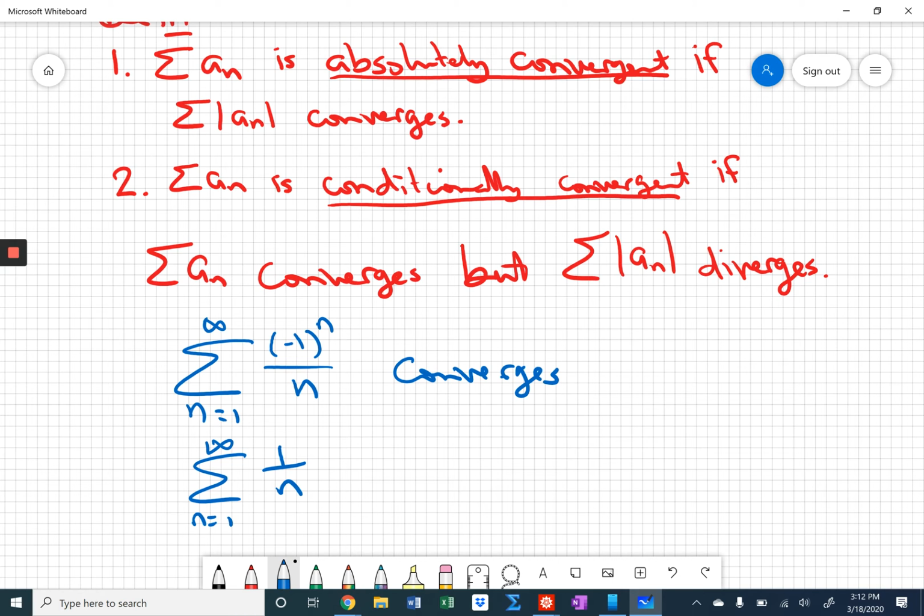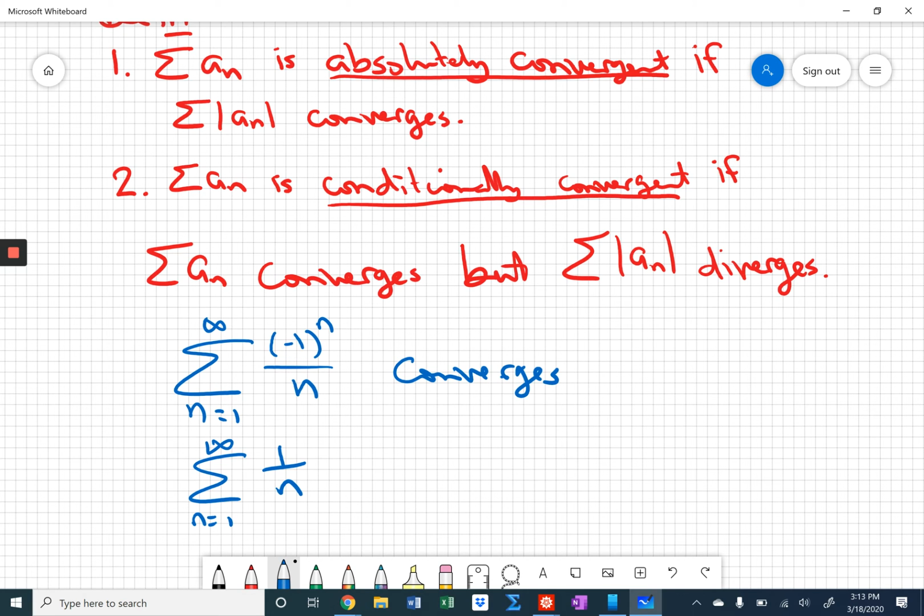And so the alternating harmonic series is a conditionally convergent series because it converges, but the series formed by its absolute value diverges. Okay, so you already have some familiarity with some series with these properties. We just didn't call them those things, and now you're aware that that exists.